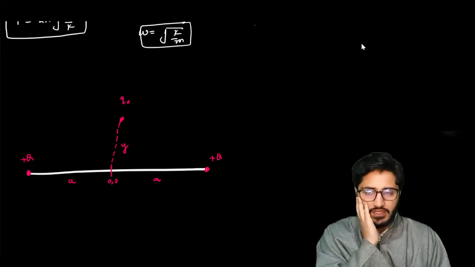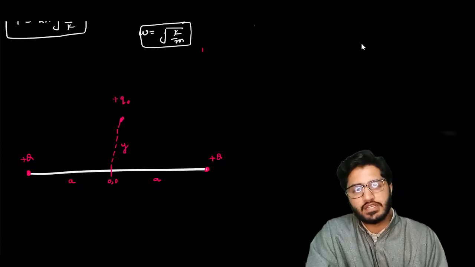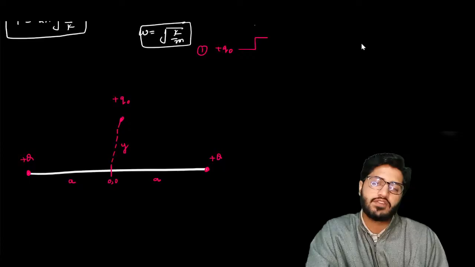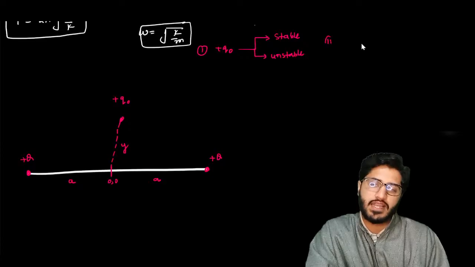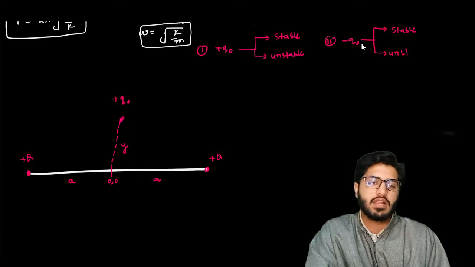Can you just tell me if this is positive one? First case, if it is a positive one, plus Q naught, find is it a stable equilibrium or unstable equilibrium. Second case, if it is minus Q naught, then tell me is it a stable equilibrium or unstable equilibrium. How we can do it?